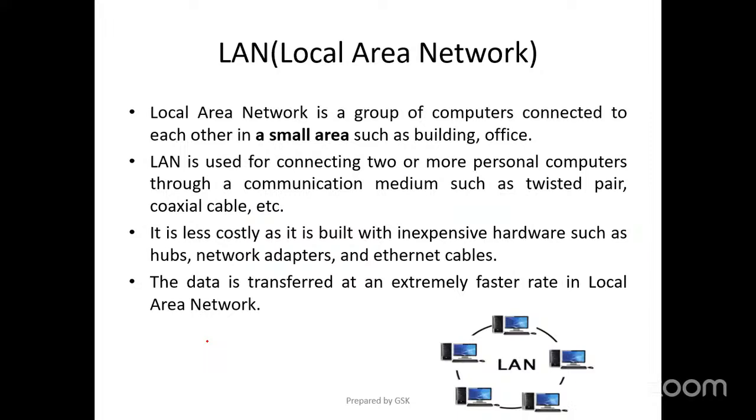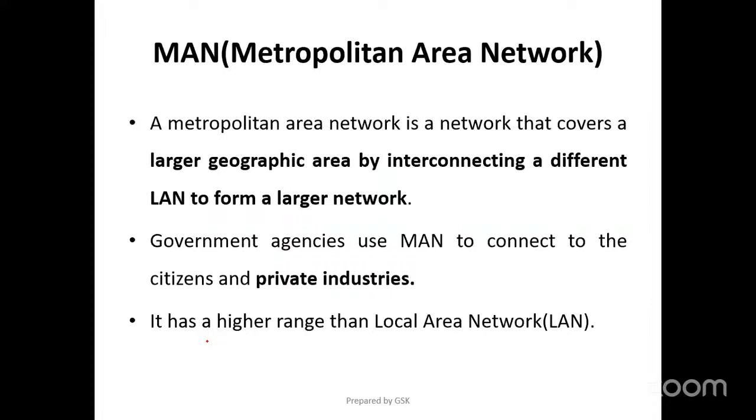Next level network is a LAN. This is larger than the PAN. It is used to connect the systems within an office or within a room, or within a small area. MAN is the next larger than the LAN, metropolitan area network.